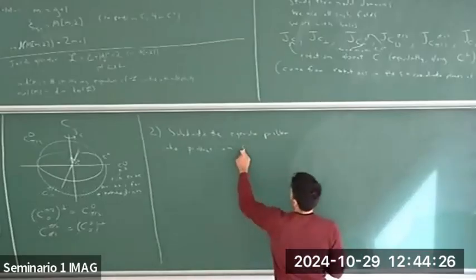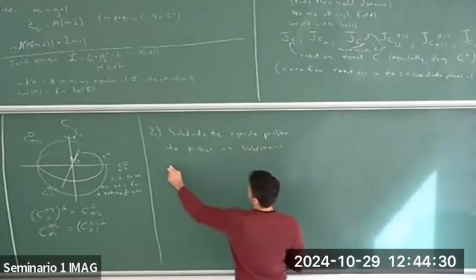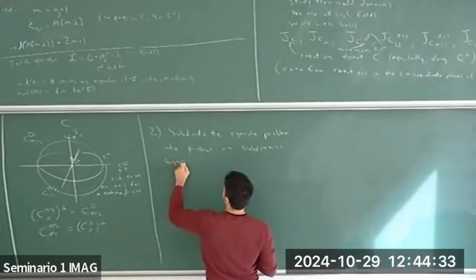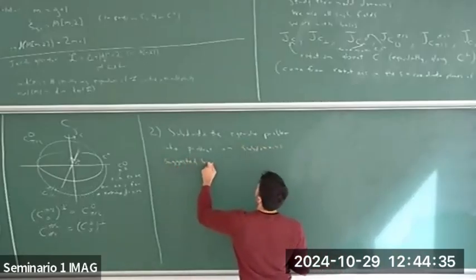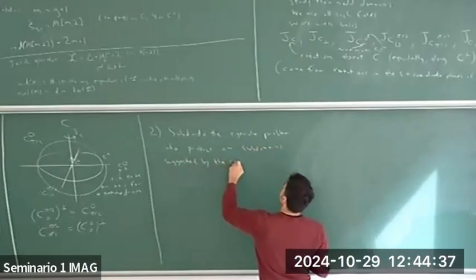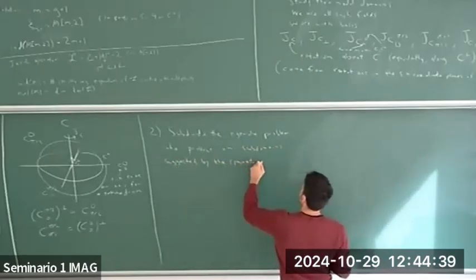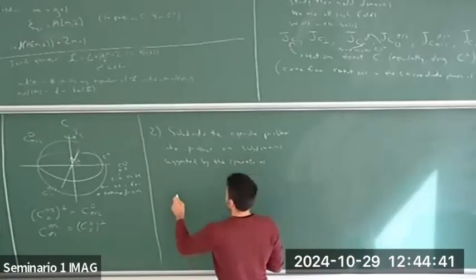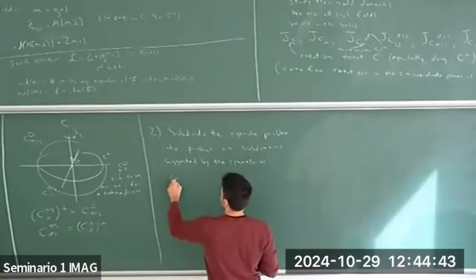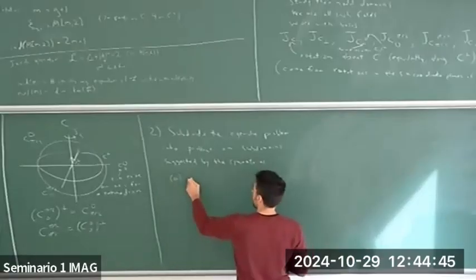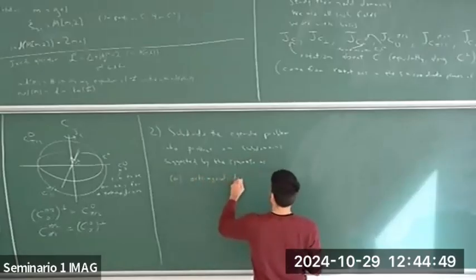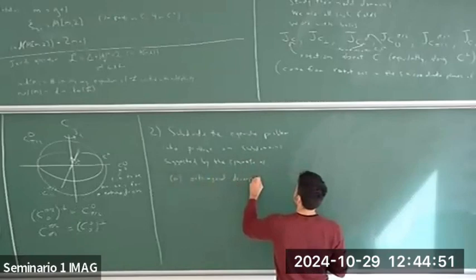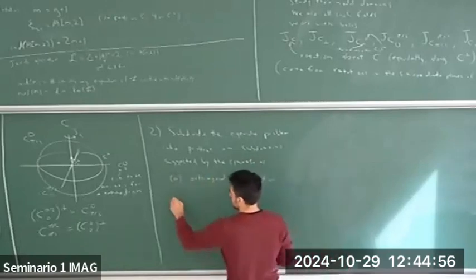Problems on subdomains, which are going to be natural or suggested by the symmetries. There are two types of subdivisions here. One is a composition.